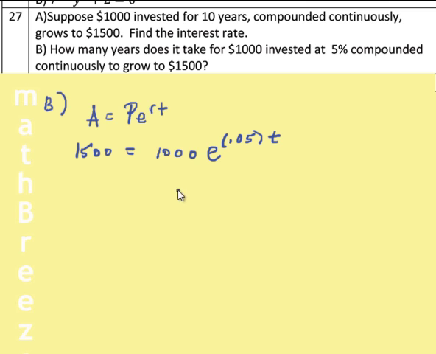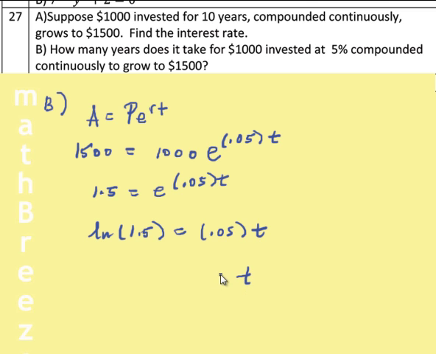All right, so divide both sides by 1,000. Ln both sides, and divide by 0.05. So we have ln 1.5 divided by 0.05, and we have approximately 8 years.